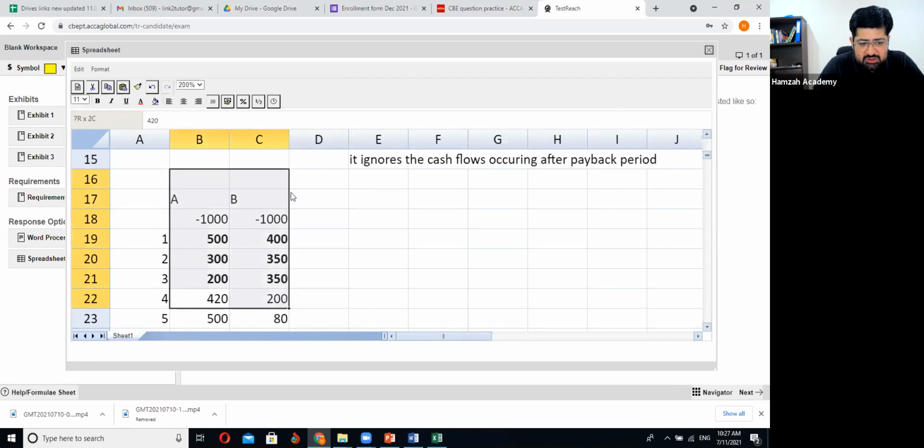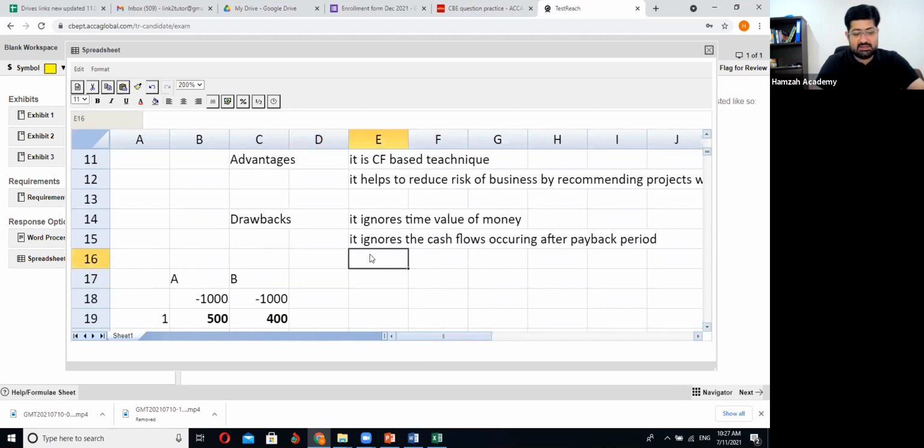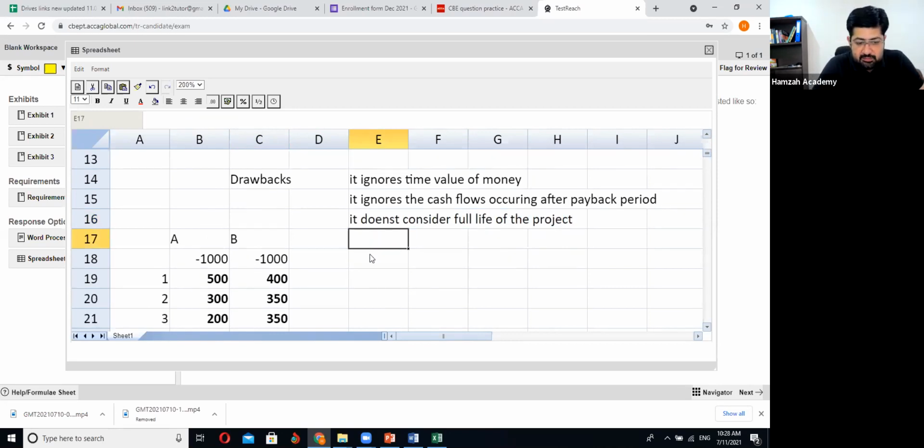Both have 3-year payback period. But what is happening after year 3, payback period is not talking about that. It does not consider the full life of the project. Means what is happening after payback period, it is ignoring that.